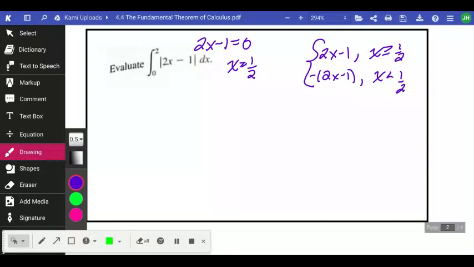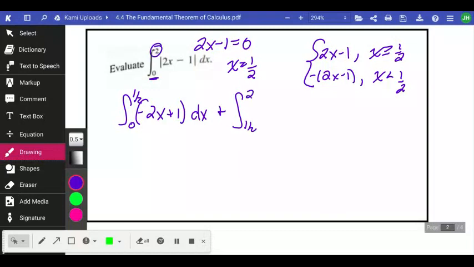So we're just going to do two different integrals. I will do the integral from 0, because we're starting at 0, to 1/2 of negative 2x plus 1. I'm going to go ahead and distribute that, dx. And then I'm going to add it to the integral of the other part of it, which is from 1/2 to 2.